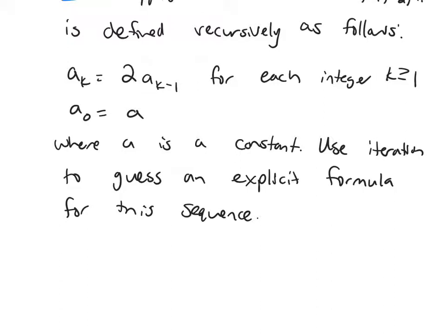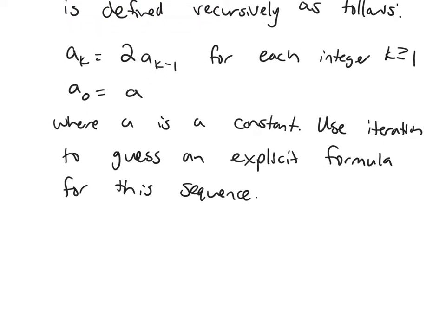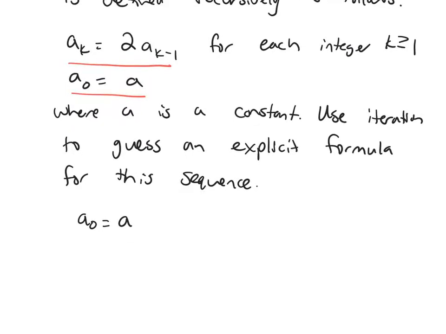So remember how iteration works. You start with your initial condition. So my initial condition, A0, was A. And then we're going to use our recurrence relation to write down the remaining, successive terms.